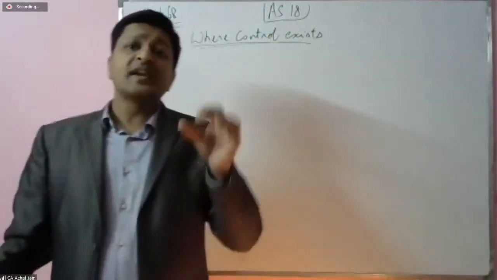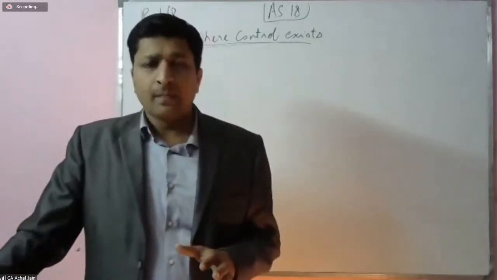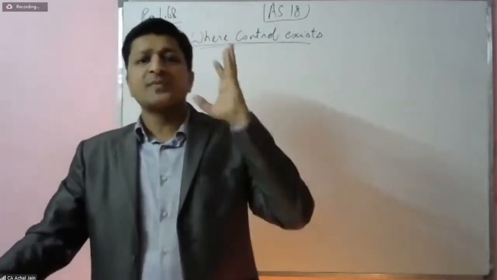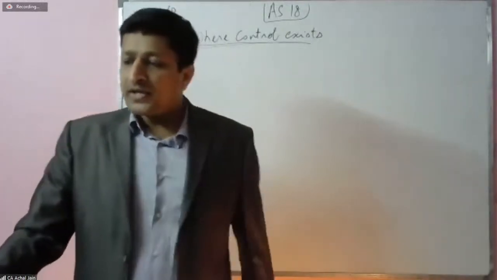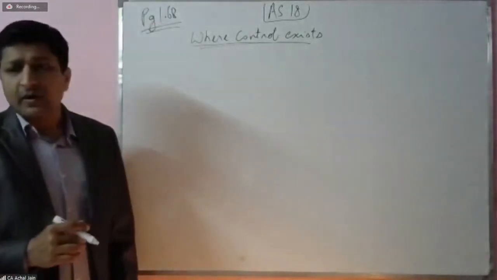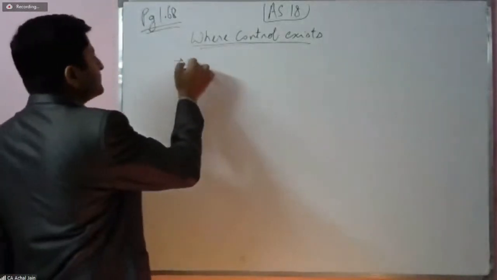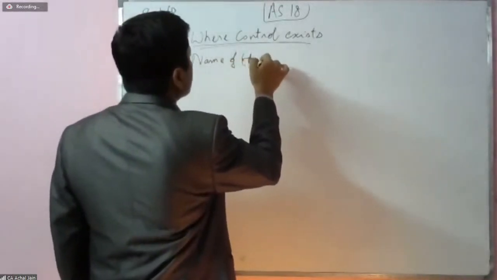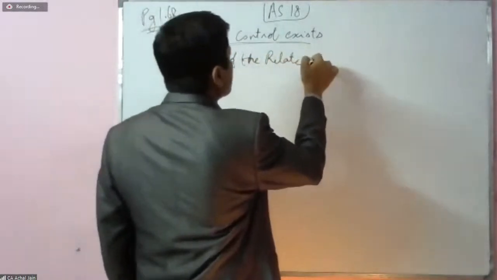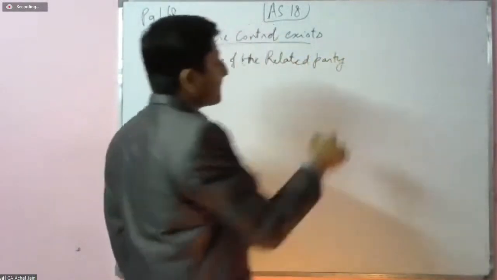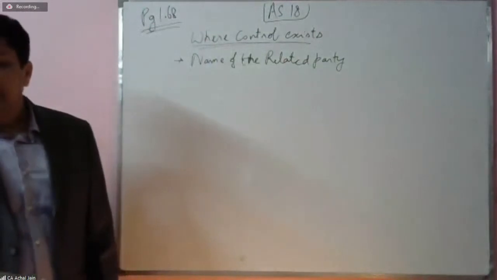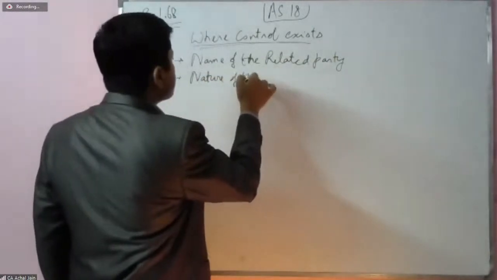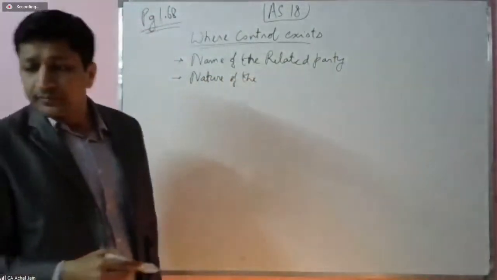Let's suppose if this relationship is established, means relationship of control is established, then what are the disclosure requirements? Name of the related party, nature of the relationship.